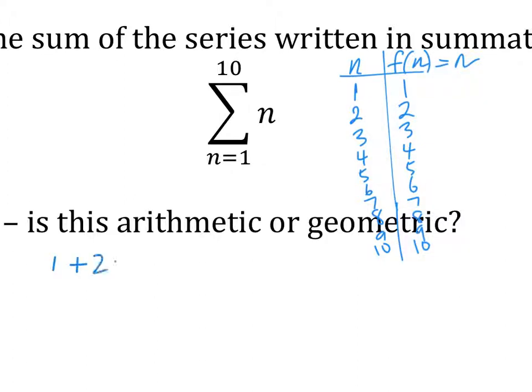1 plus 2 plus 3 plus 4 plus 5 plus 6 plus 7 plus 8 plus 9 plus 10. What kind of series is this? Arithmetic. Why is it arithmetic? You add 1. So what's another way of adding up 10 numbers besides using your calculator?